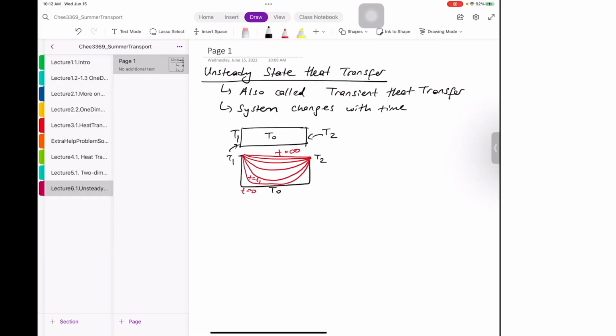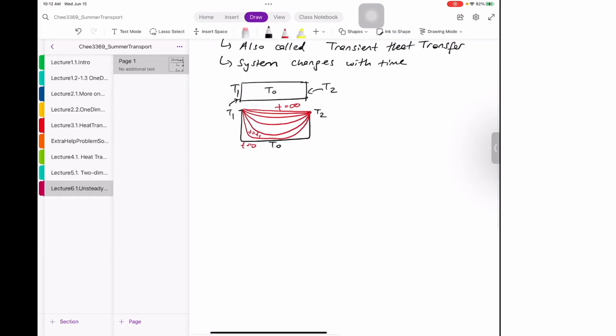Okay, let's start with a very simple problem. Not that simple. I mean, it's not as simple as the first couple of lectures, but I believe it's much simpler than the previous class.